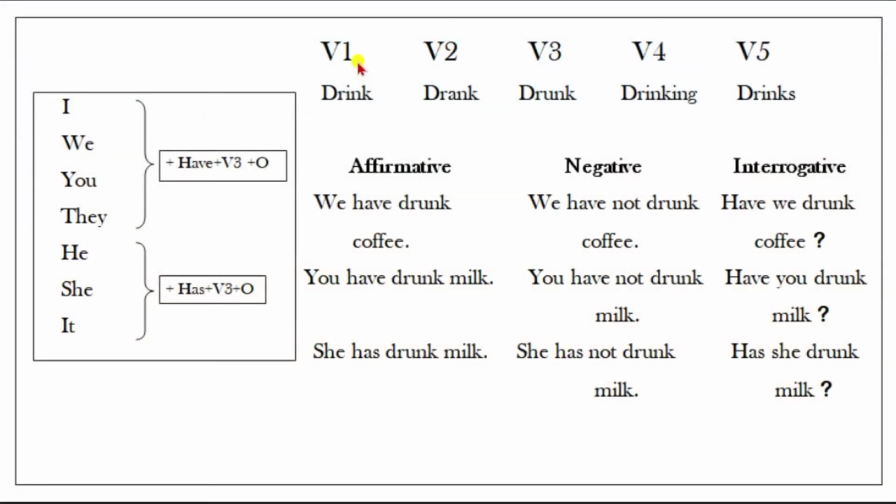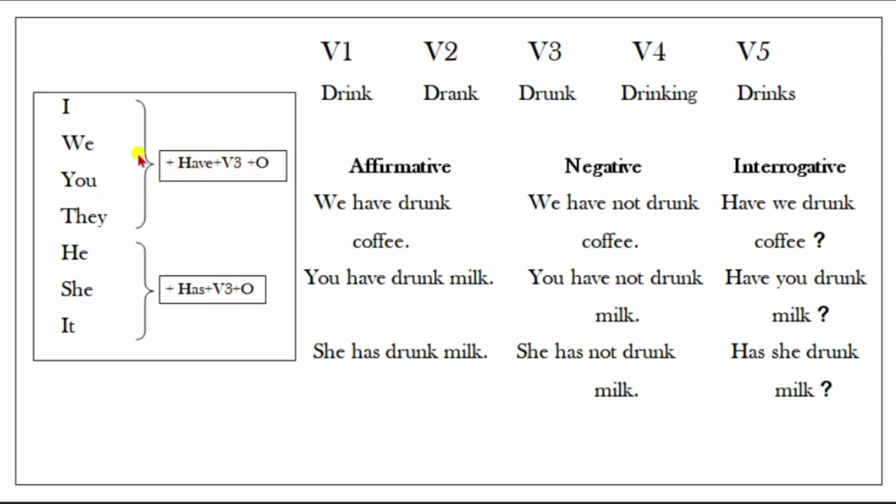In present perfect tense, I am explaining affirmative, negative and interrogative using the verb drink, drank, drunk, drinking, drinks. I, we, you, they: after these four pronouns, have plus verb 3 plus object.